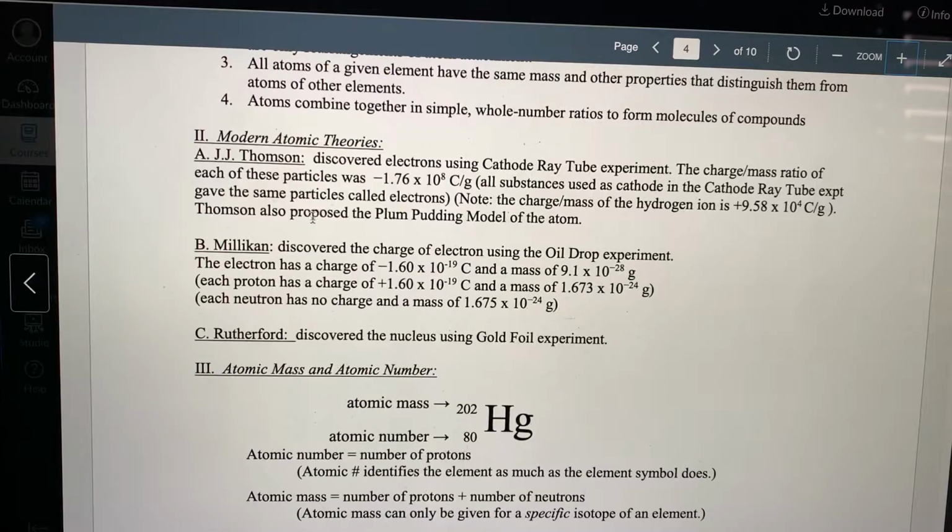Thomson also proposed the plum pudding model of the atom, and you can also search about that. Basically, Thomson said that an atom is a sphere composed of negative electrons and positive particles distributed evenly in an atom.